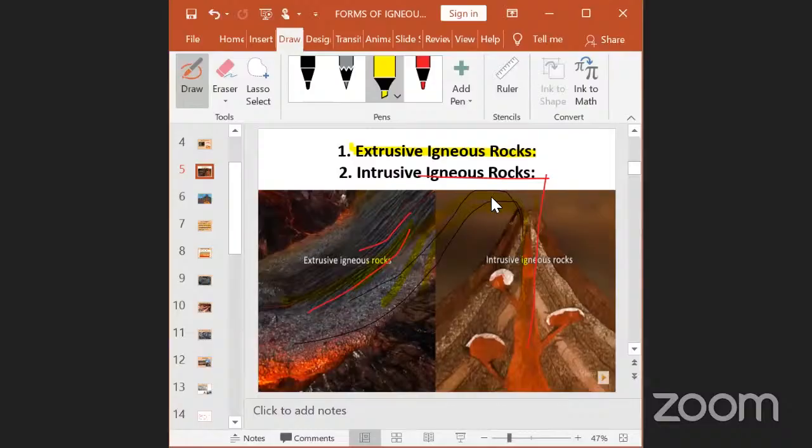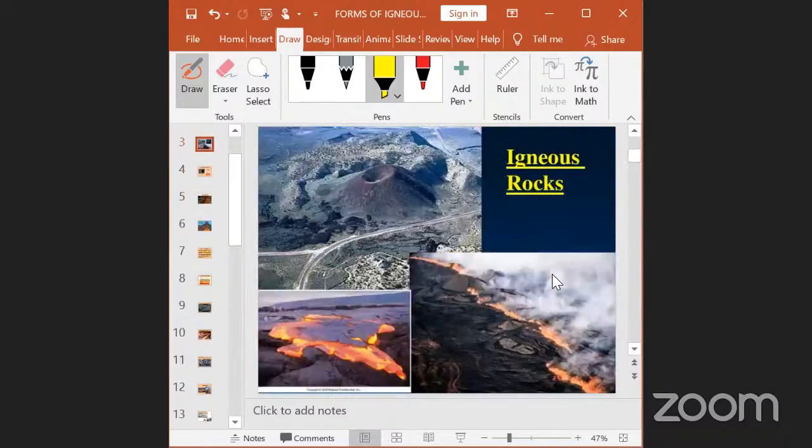This is called lava, and these are called extrusive igneous rocks. So these are the intrusive igneous rocks. You see some pictures of volcanoes, right?